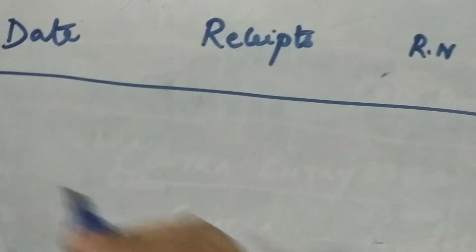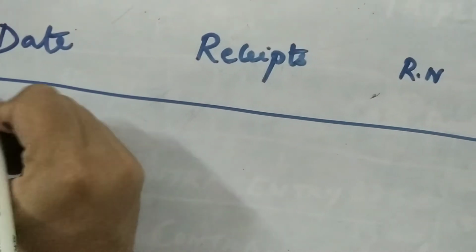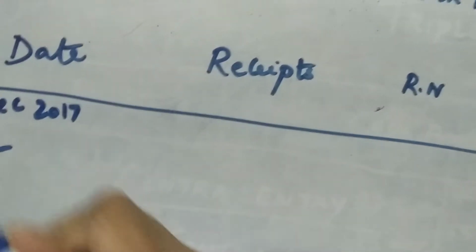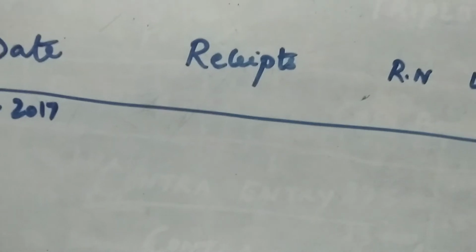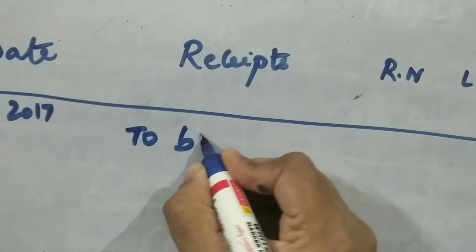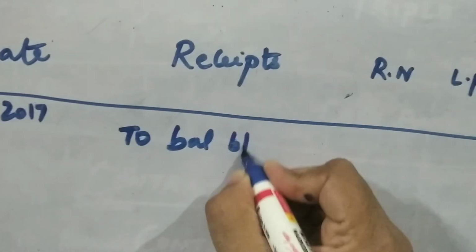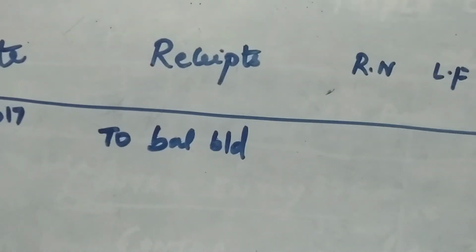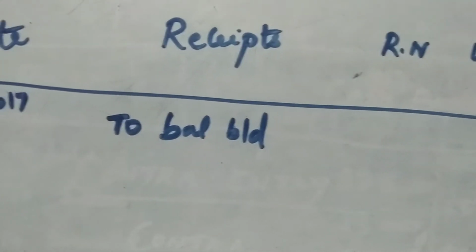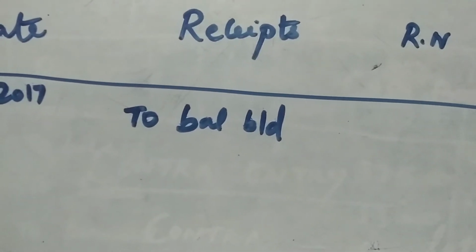So the first one, December 2017. On 1st of December, cash balance brought forward. So you will be writing "to balance brought down". In the cash column you will be writing 12,600.